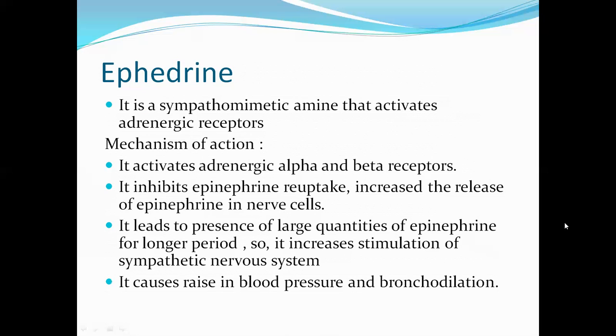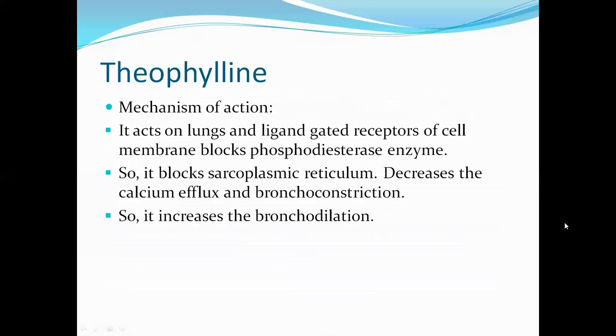So large quantities of epinephrine will be present in the nerve cells for a longer period of time, which increases the stimulation of the sympathetic nervous system. This causes a rise in blood pressure and also bronchodilation, meaning relaxation of bronchial smooth muscles. This is the mechanism of action of ephedrine.